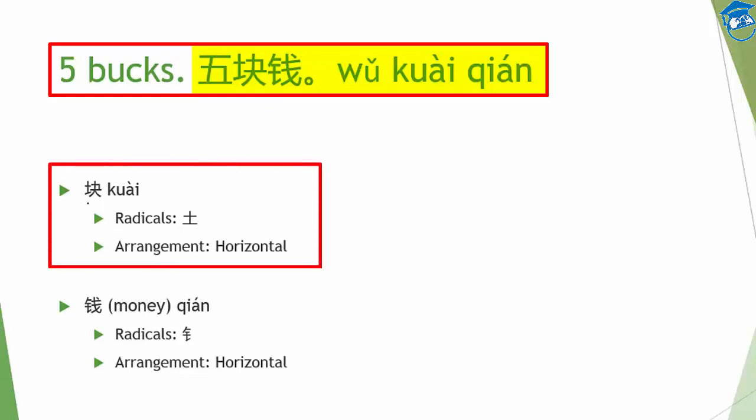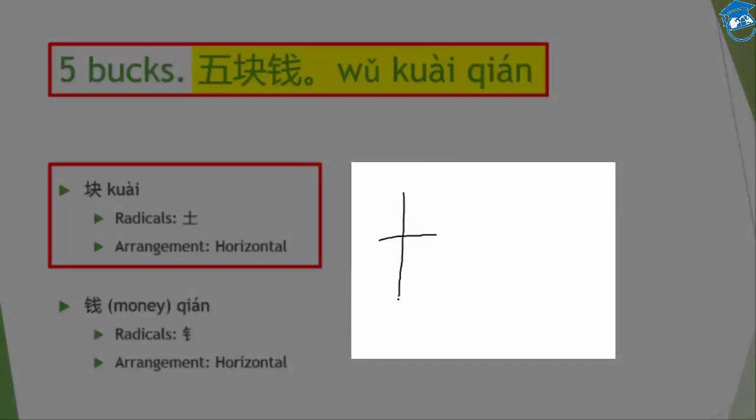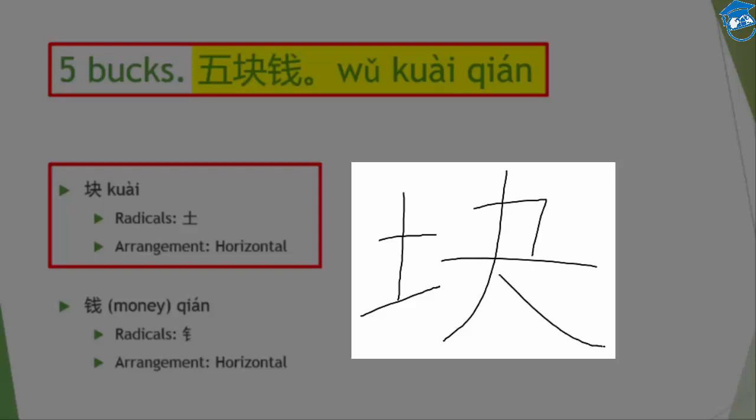So quai, the radical is what's on the left here, and the arrangement is horizontal with left and right component. So here's how I write quai. 1, 2, 3, 4, 5, 6, 7. Quai.